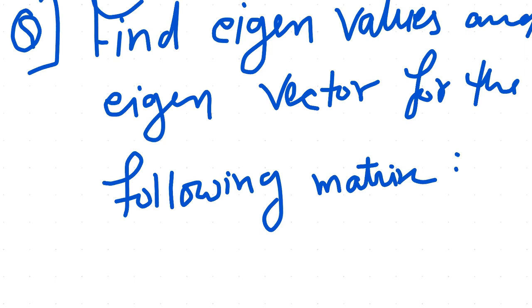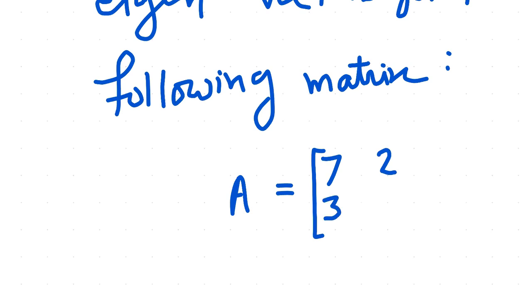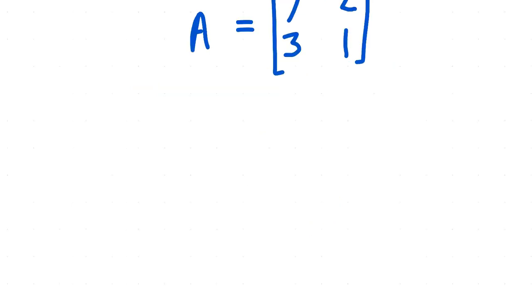First of all, we are doing a 2 by 2 order square matrix, then we will do a 3 by 3. Let matrix A be equal to 7, 2, 3, and 1. So let us find the solution.